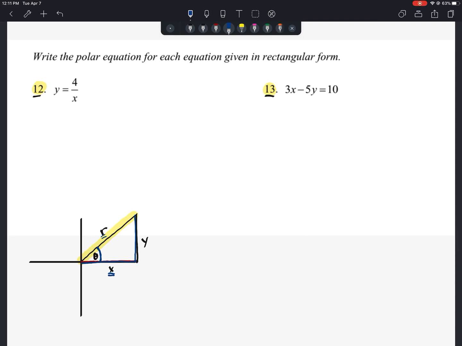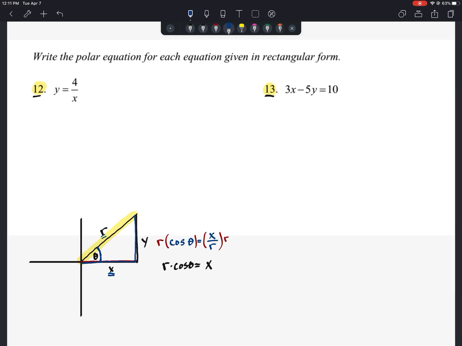So the cosine of theta should equal the ratio of x over r. Now if I wanted to get x by itself, we could multiply both sides of this equation by r, and we get the formula we've been using in the past: x is going to equal r times the cosine of theta.